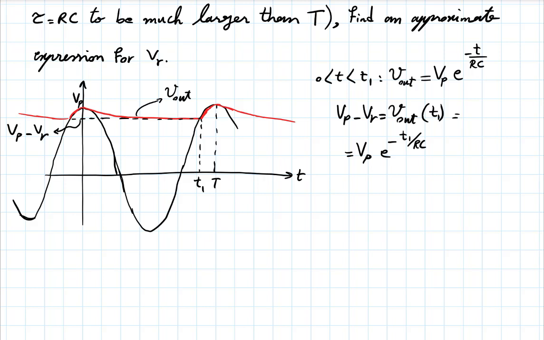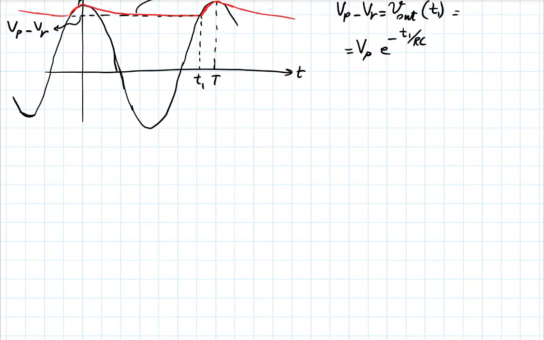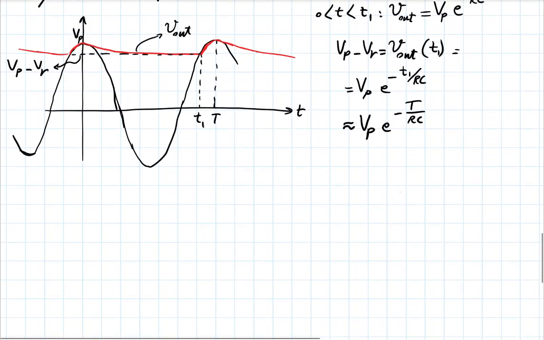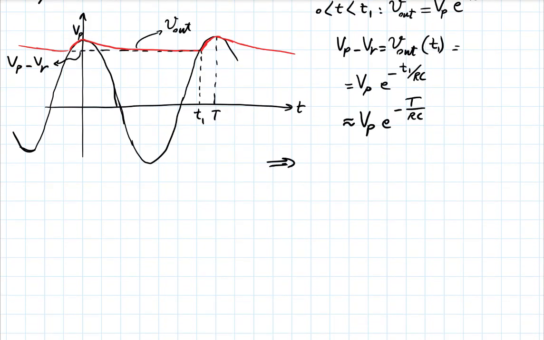It's just before you reach that point again, the next cycle. So t1 is very close to the big T, actually. So a first order approximation is simply to assume t1 is the full cycle. So this is approximately equal to Vp e to the minus T over RC. That's an expression for Vp minus Vr. So from that, you have Vr equals Vp times 1 minus e to the minus T over RC.